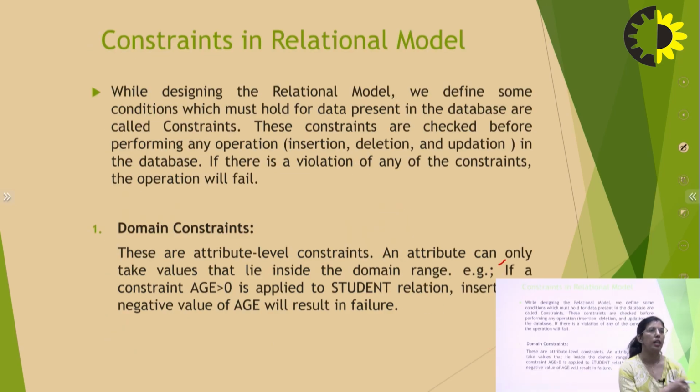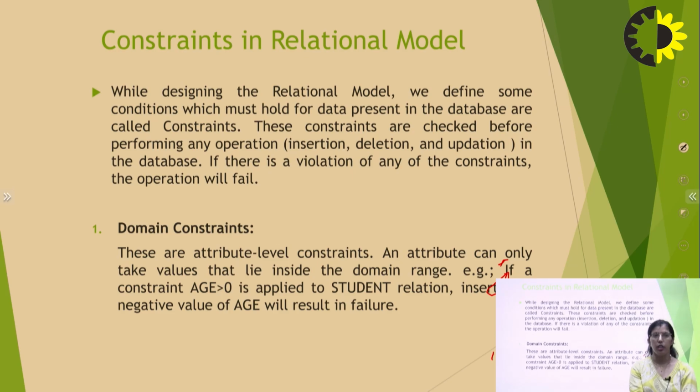So now, constraints in relational model. While designing the relational model, we define some conditions which must hold for data present in the database. These conditions are known as constraints. These constraints are checked before performing any operation, which is insertion, deletion or updation in database.